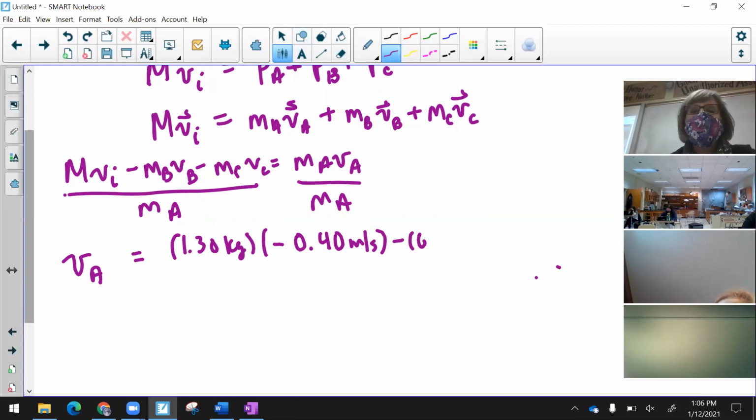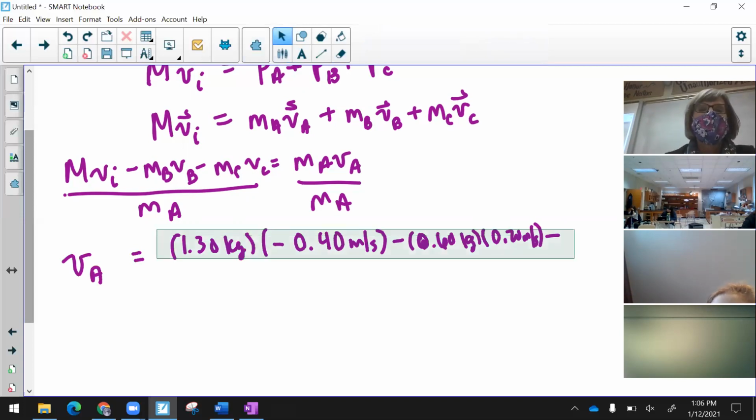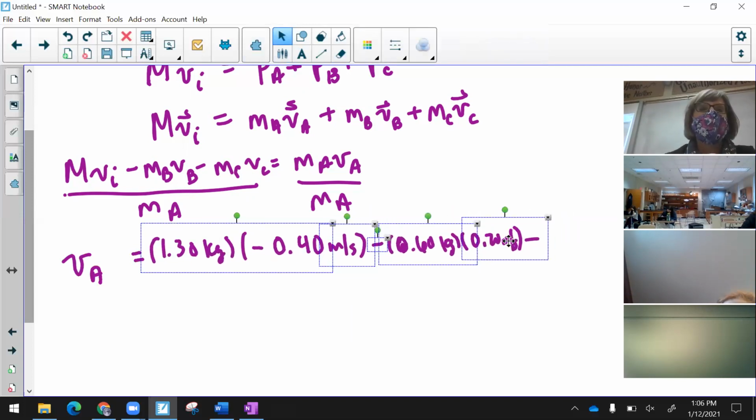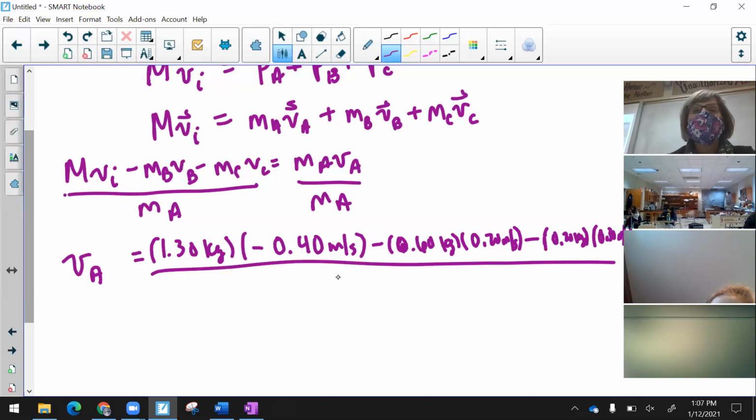Minus MB, which is 0.60 kilograms, times VB, which is 0.20 meters per second, minus MC, which is 0.20 kilograms, times its speed, which is 0.30 meters per second, all over the mass of A, which is 0.50 kilograms.